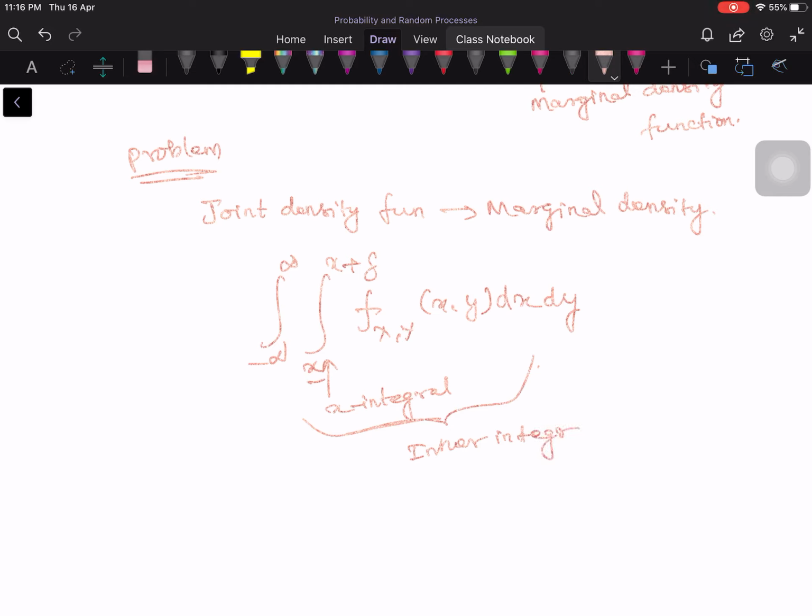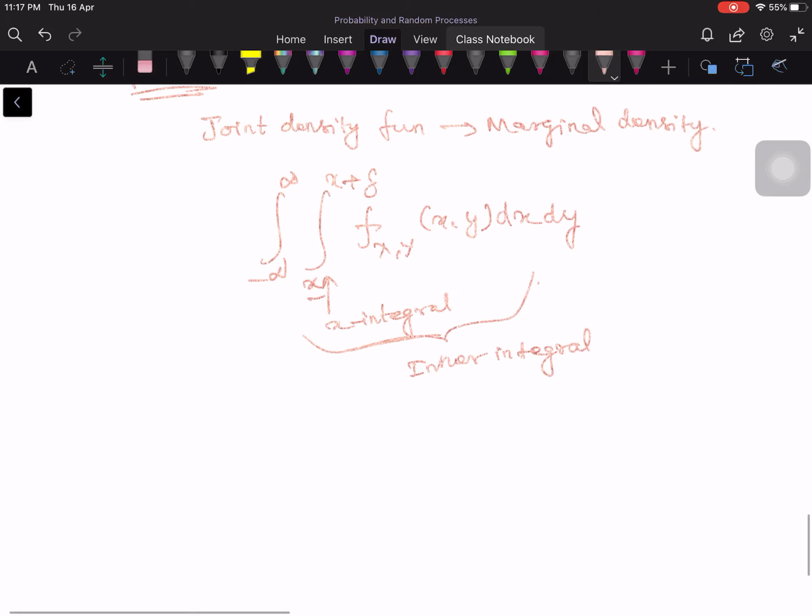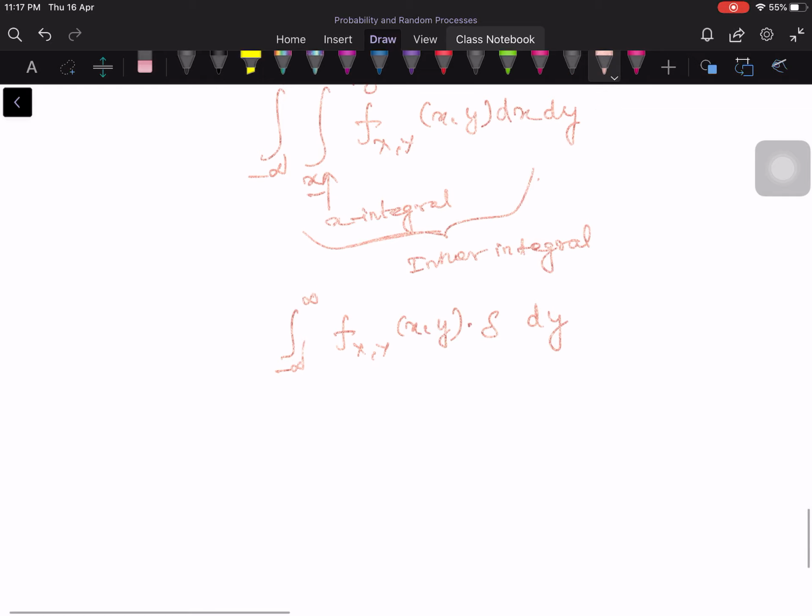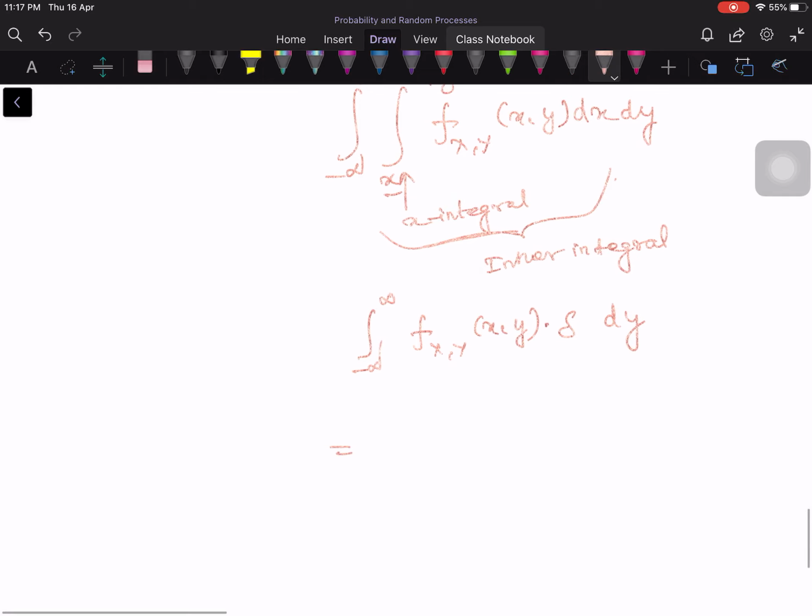We said the inner integral is going to be constant over the interval from x to x plus delta, because we said the density times the delta. Therefore the inner integral is going to be the integral from minus infinity to plus infinity of fxy of x comma y times delta, and then dy. And since delta is constant, you can take delta outside.